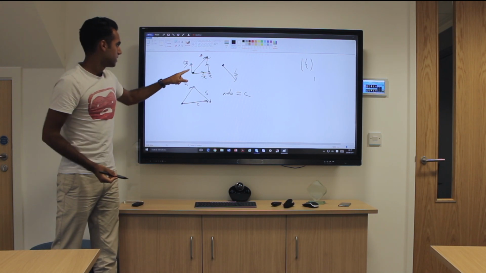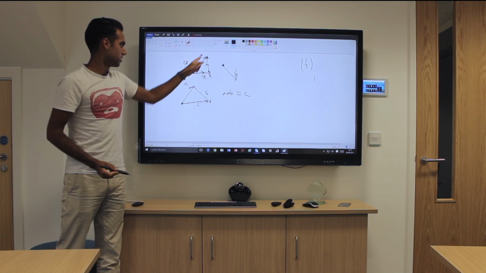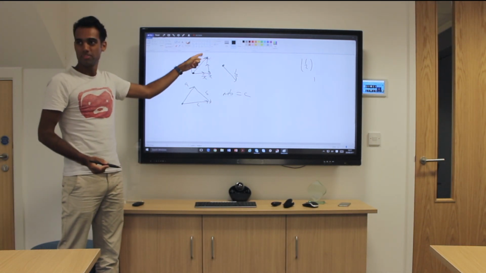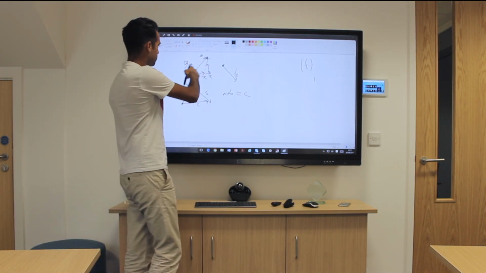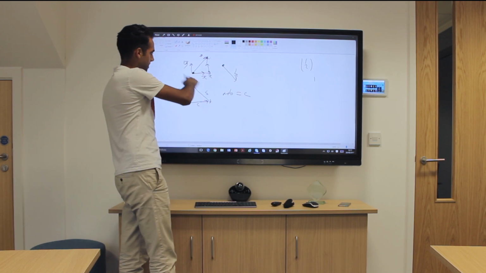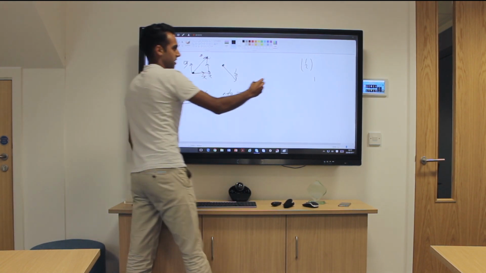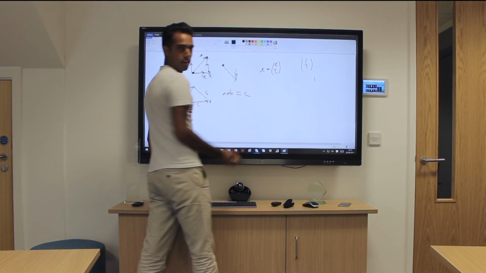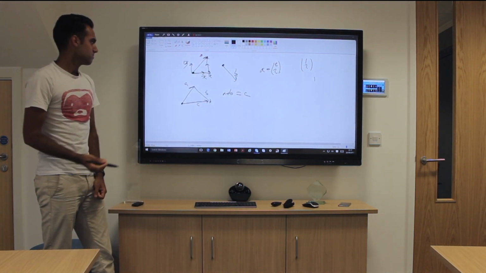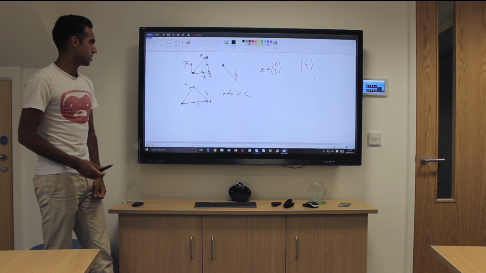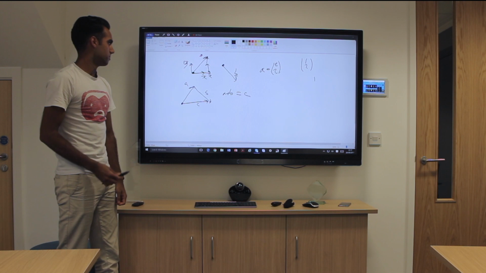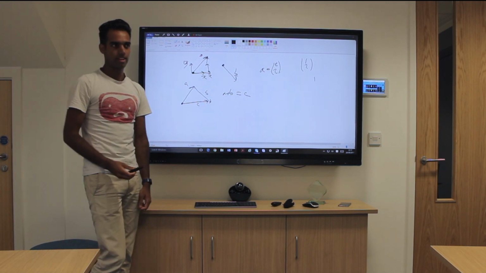Can you see how if I take 2 x's and 2 y's, I get the same as A? I get from here to here. And so now in this basis x, y, I can write down A as 2 lots of x and 2 lots of y. And that's pretty much all the geometry you need to understand PCA.